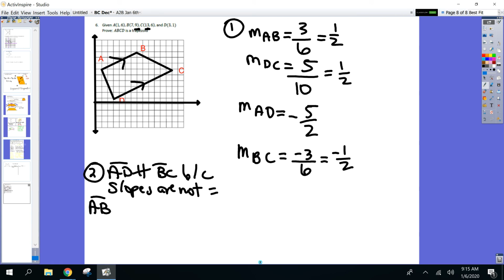Why? Yep. All right, so one pair is parallel, the other pair is not.